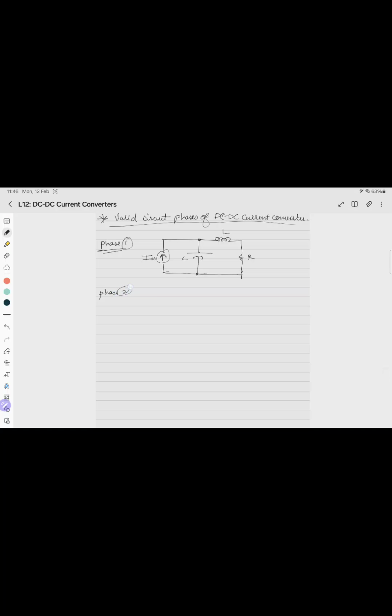Next is phase 2, where, say, I'm short circuiting the input current source momentarily, but there is no option with me to connect the capacitor to the load because it has to be always connected in parallel to the load.